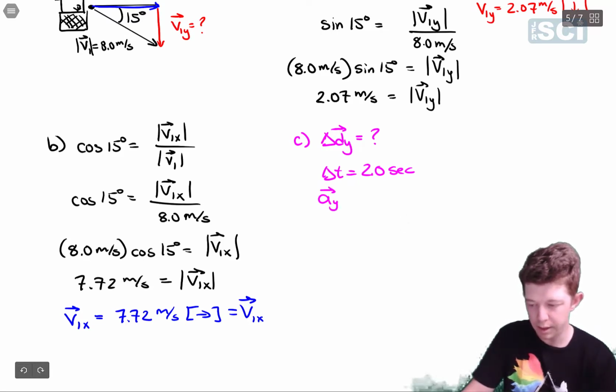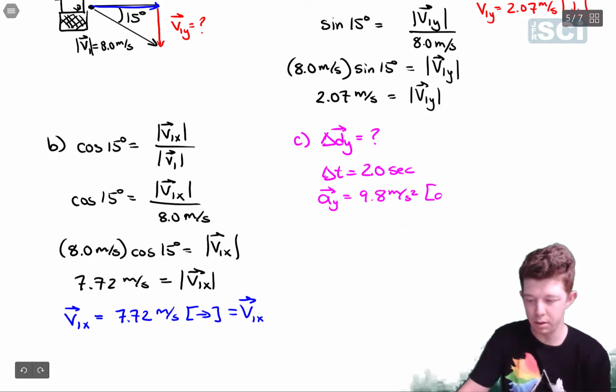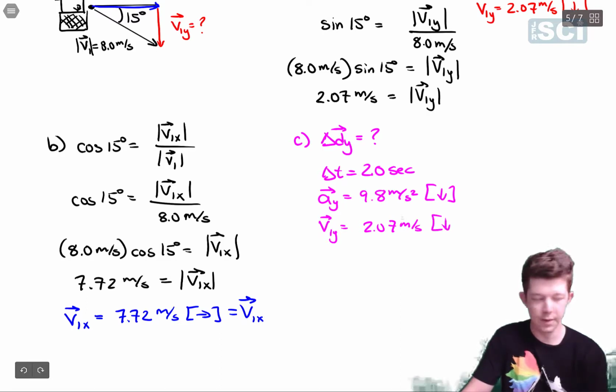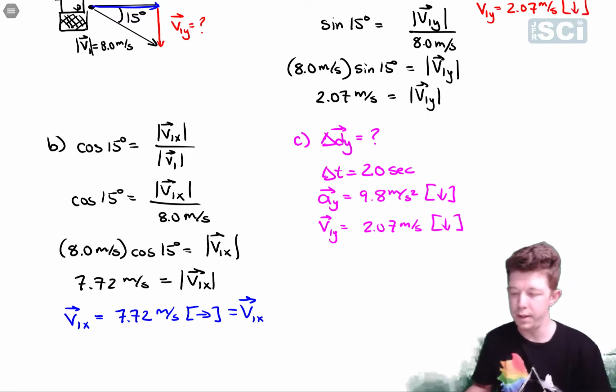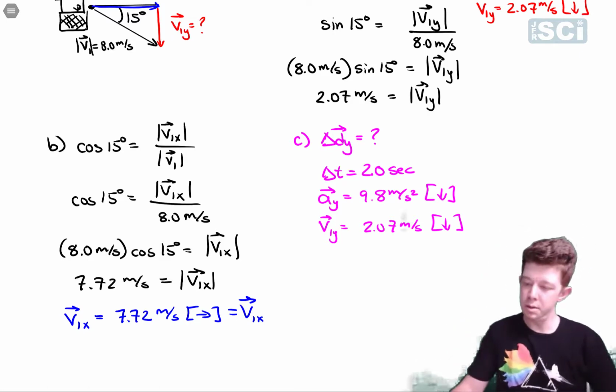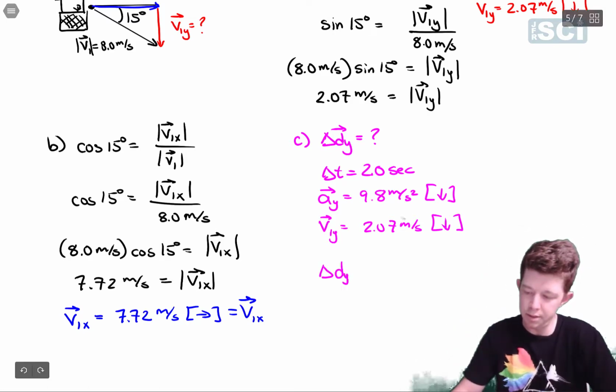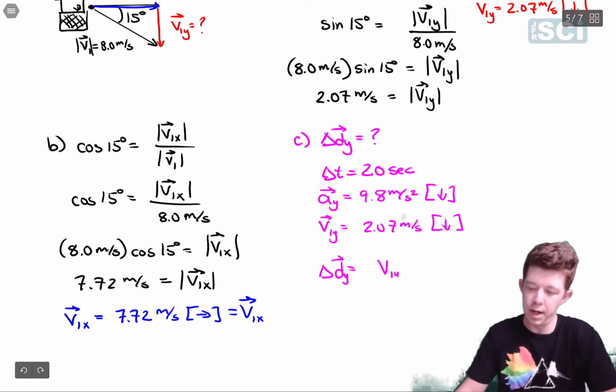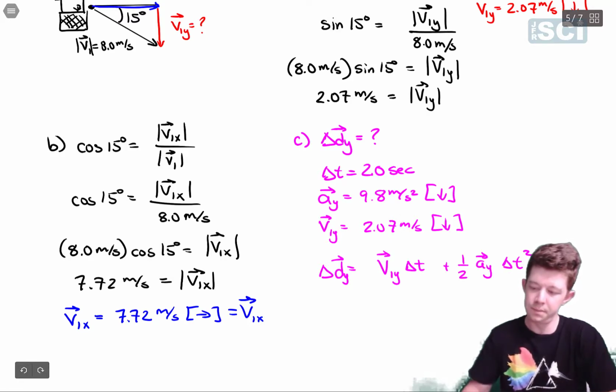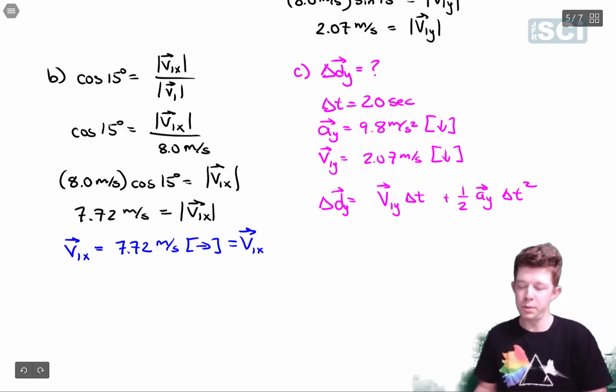So I can say ay is going to be 9.8 meters per second squared, and I'll use an arrow for downwards, and its initial velocity in the y direction is 2.07 meters per second, and that is in fact downwards. So we're trying to find out how far it has traveled. I'm going to use my displacement equation: displacement in the y direction is equal to v1y times the time plus 1/2 ay delta t squared. So there's the equation I'm going to use.